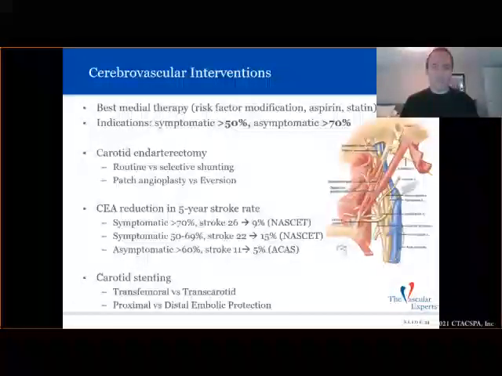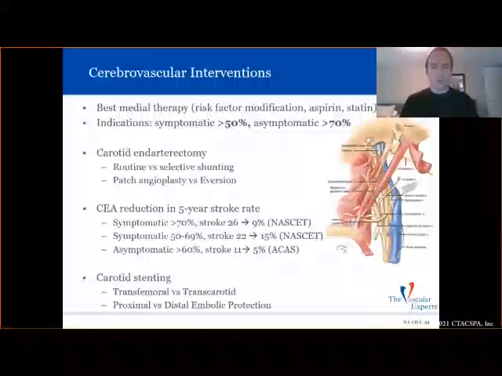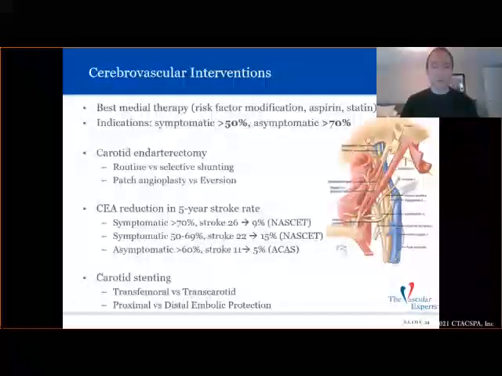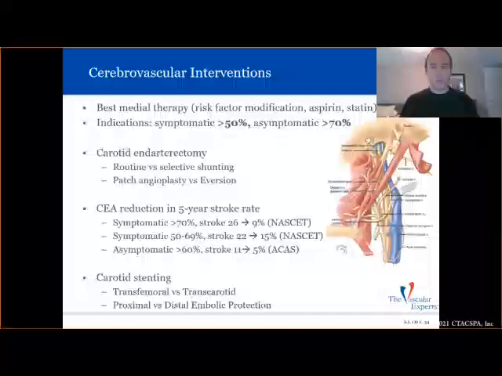The known ways of deciding that, accepted by everyone, are stump pressures, which is putting a needle in the carotid artery when it's clamped and measuring the back pressure with an A-line setup, or you can do neuromonitoring, which is monitoring the waveforms and looking for slowing of the waveforms during the procedure when you're clamped. Those are the most common, or you can do the surgery awake, and if the patient becomes symptomatic, then you shunt.